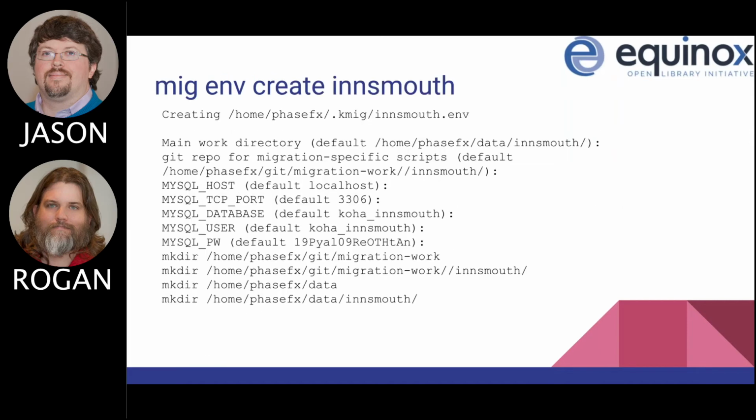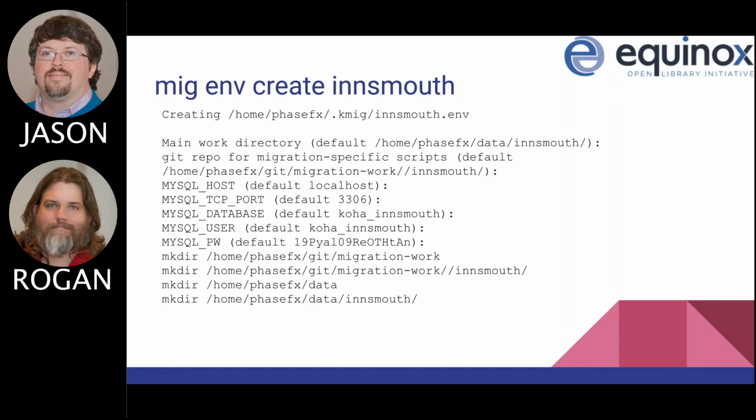So first we're going to talk about creating the environment a little bit. This is for our migration of Innsmouth Public Library. When we create the environment, it's going to, under our home folder in a little hidden folder called .kmig, create an env file.